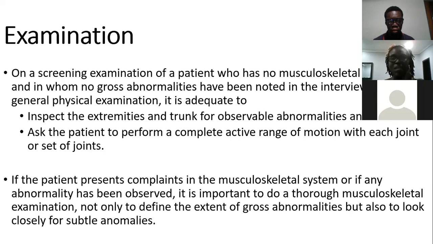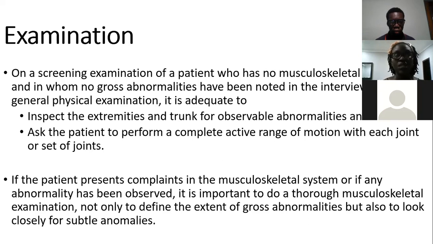Musculoskeletal system examination is a very cumbersome and detailed examination. And so when you take the history and you have these things in the history, then you move on to do a detailed musculoskeletal exam. Okay.